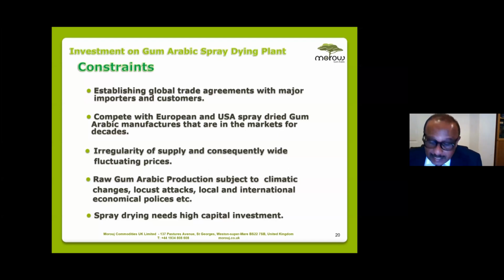Also, adding more tax on the export of raw gum arabic and reducing the tax on spray-dried gum arabic. Also, giving an investment incentive package for gum arabic spray-drying manufacturers. All these measures will strengthen our position in the spray-dried gum market, because if you export raw gum, there is more tax.